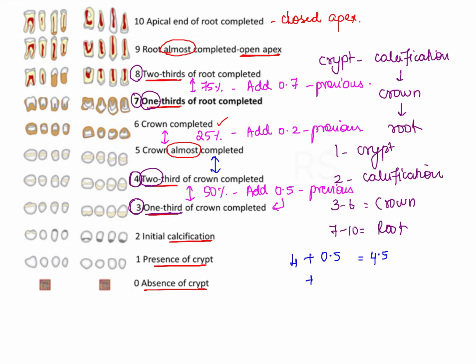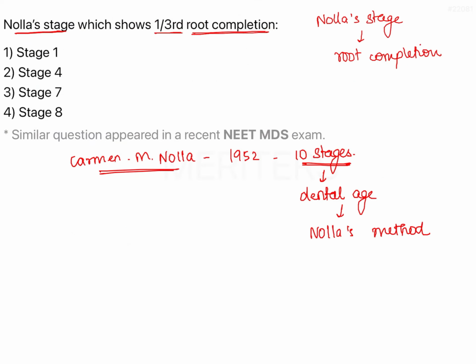If it is 25% between the two stages, then you add only 0.2, which is 4.2, and if it is 75%, add 0.7 giving a score of 4.7 to that tooth. So this is the scoring system for Nolla's method. Each tooth is given a score and it is based on the stage of tooth development.